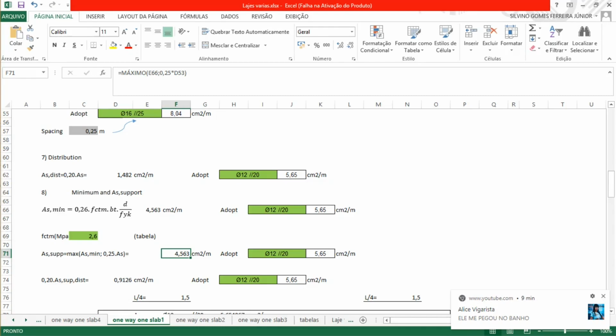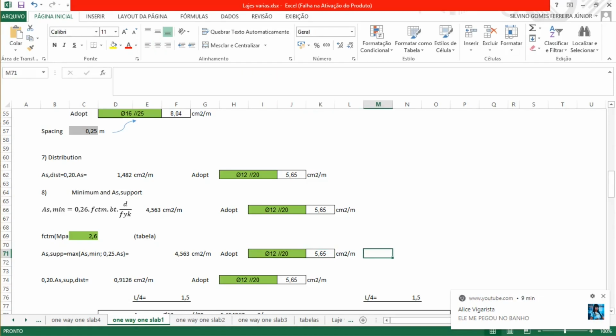So it's actually the minimum value that we calculate, so it's the bigger one. And so we maintain the same for the rebars reinforcement on the support. Diameter of 12 spaced by 20 gives us this.